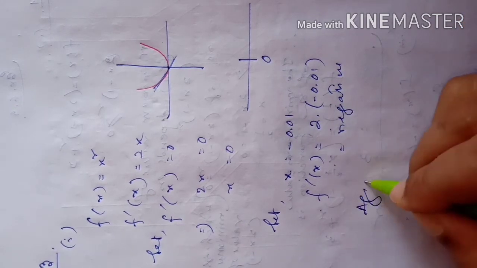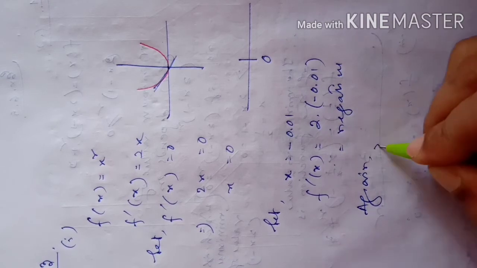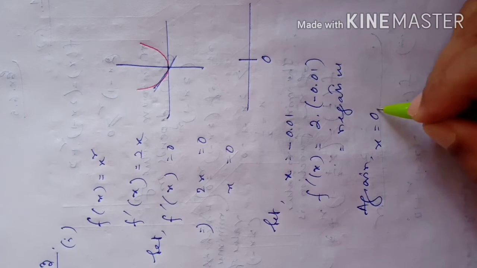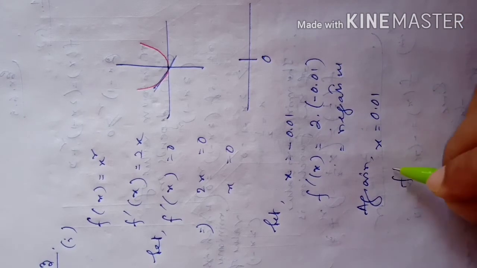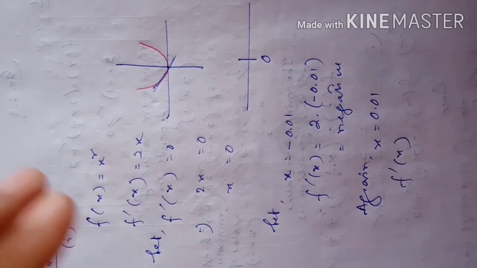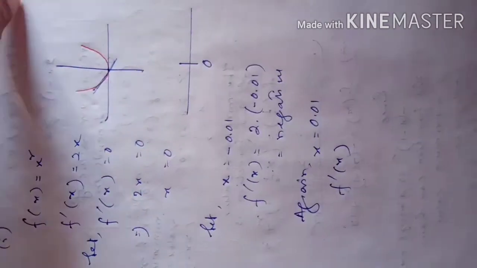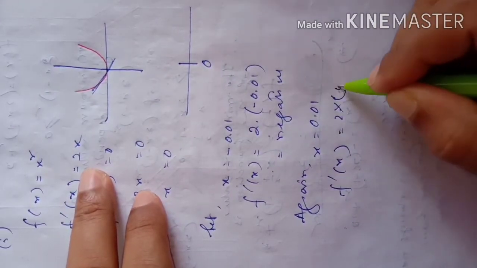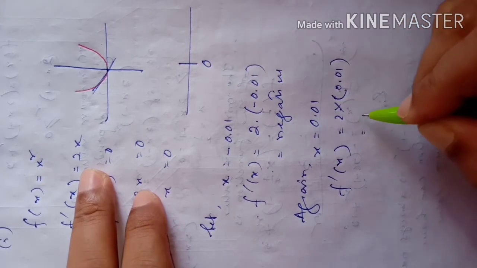Again, take a point towards the right hand side of 0, say x equal to 0.01. Then f dash x equals 2 into 0.01, which gives a positive number.